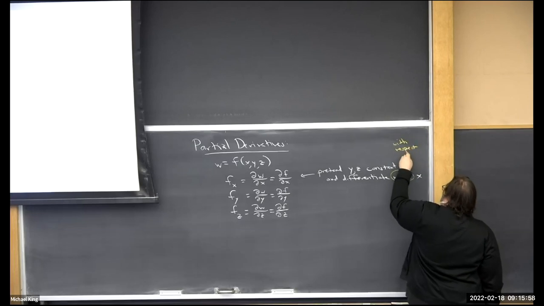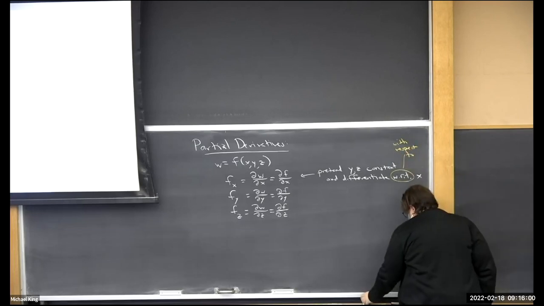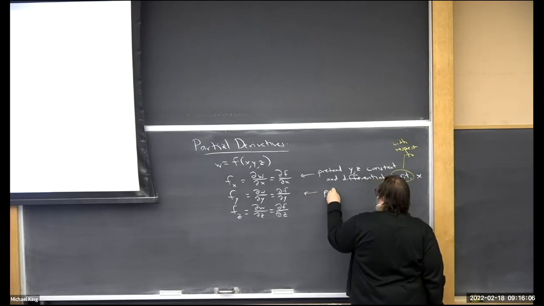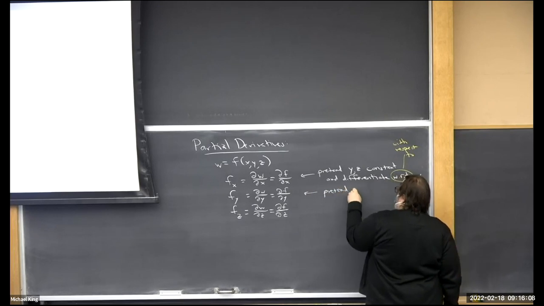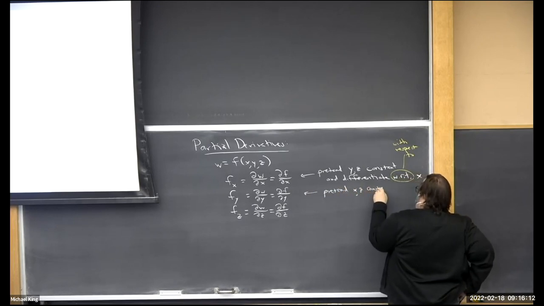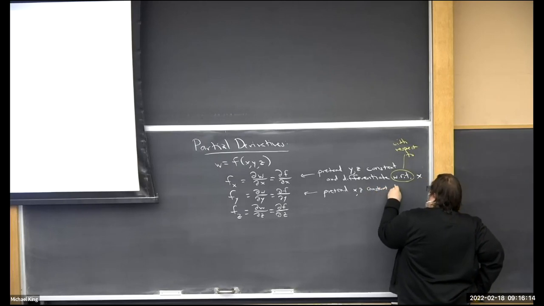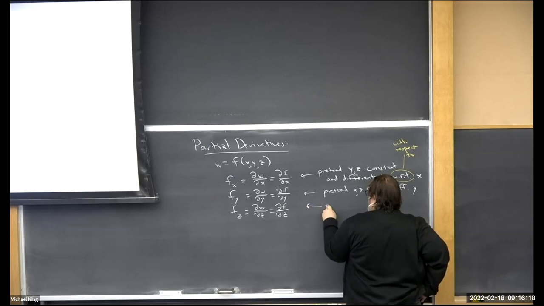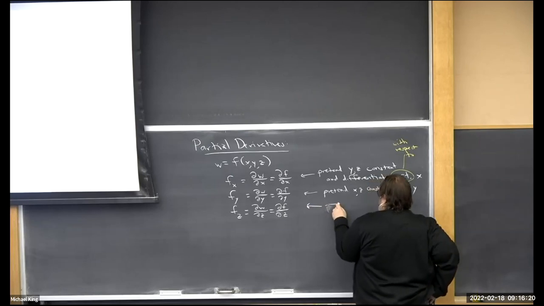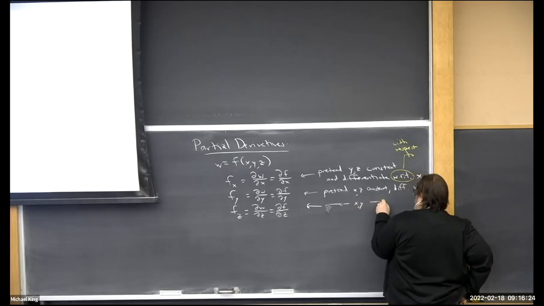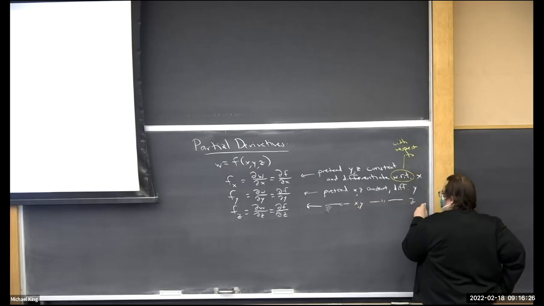Okay. And then basically these other ones are the same thing, right? Pretend x and z are constants for the partial y, and then differentiate the y variable. And this one is pretend x and y are constants, but differentiate with respect to z. Okay.